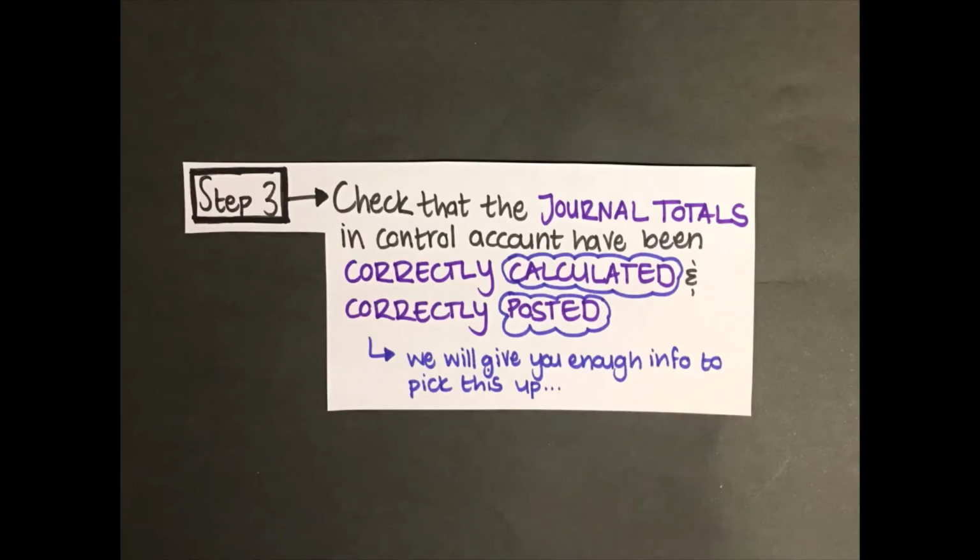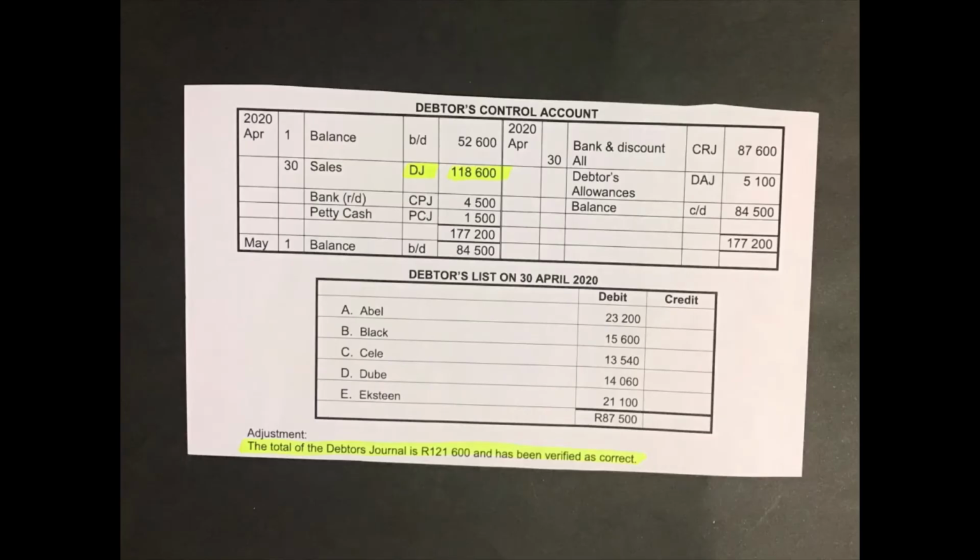Step 3. You need to check that all of your journal totals in your control account have been correctly calculated and correctly posted. Now, this step is a little bit tricky and you won't know if we don't tell you. So we will give you enough information to pick this up. For example, in your handout, for this debtors control account and debtors list, we gave you an adjustment at the bottom that says the total of the debtors journal is 121,600 and has been verified as correct.